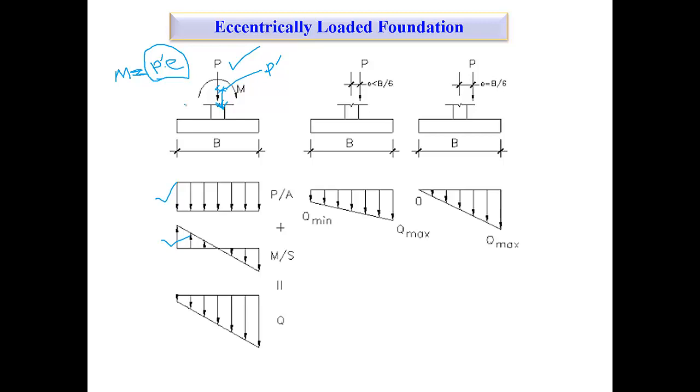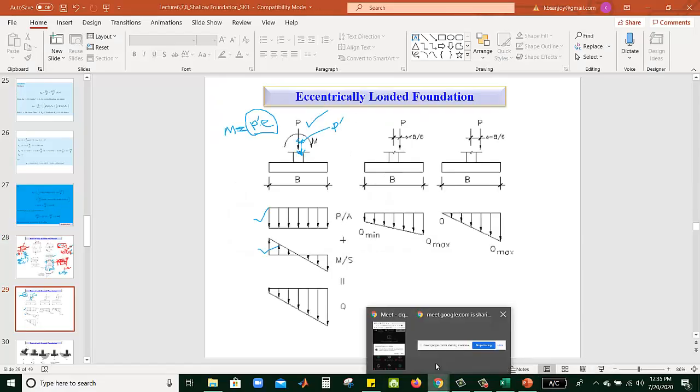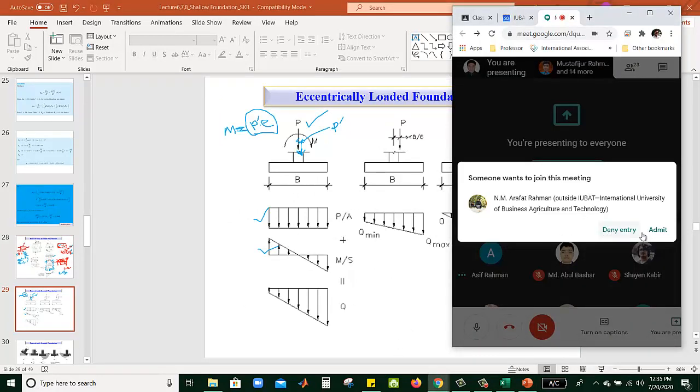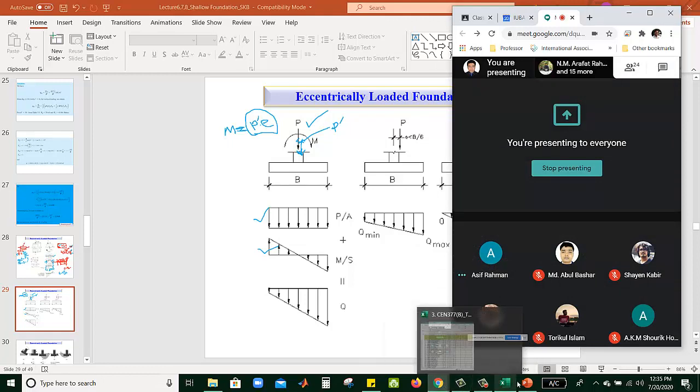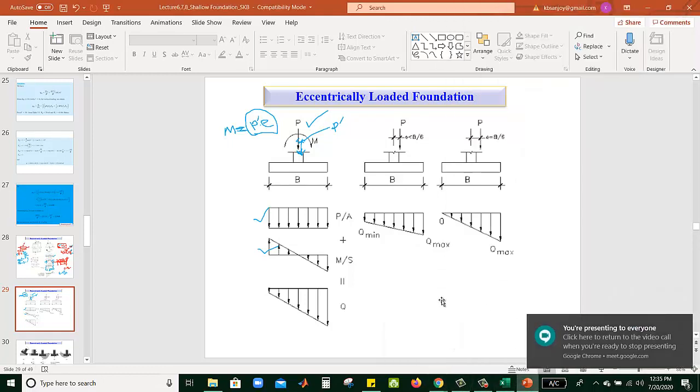Sir, why do you consider P prime? Is it P? No, P is the load acting in the center. It might be your gravitational load or self weight of the structure, something like that. And P prime is the load coming from the column, just for an example.